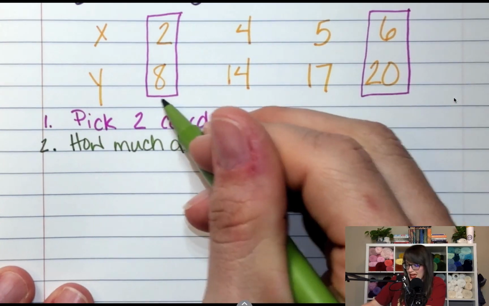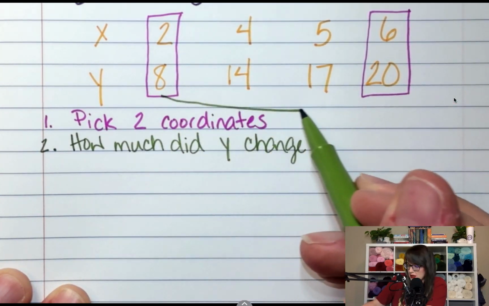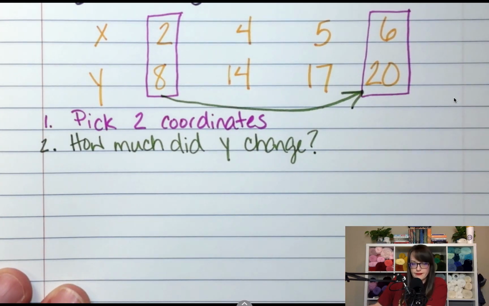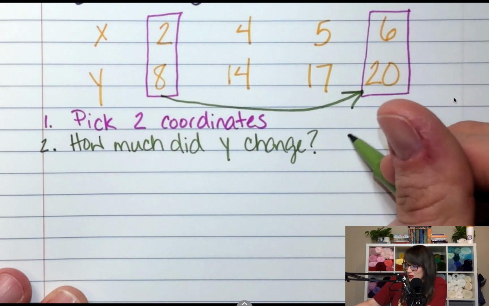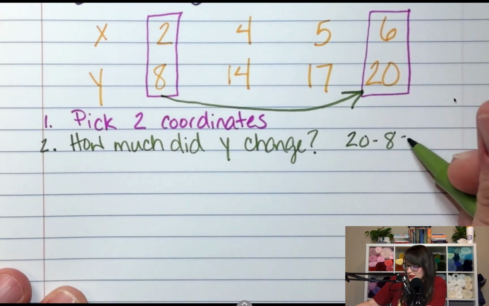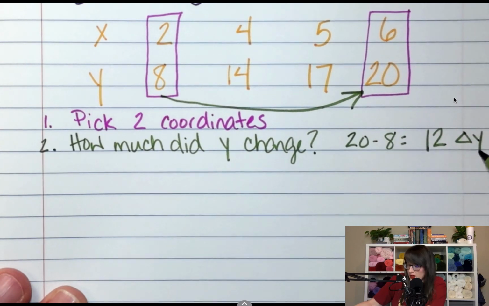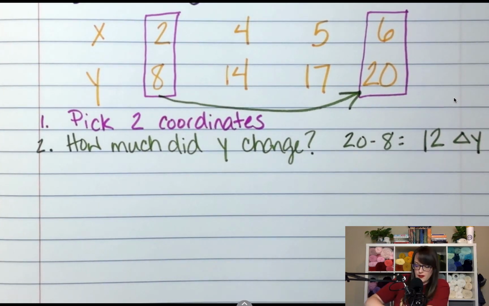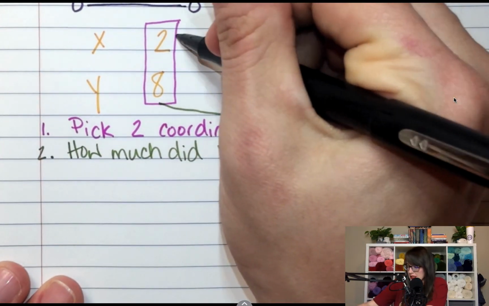From 8 to 20, how much did it change? 12, sorry. 20 minus 8 is 12. So that is my delta y, or change in y. Now, how much did x change from 2 to 6?